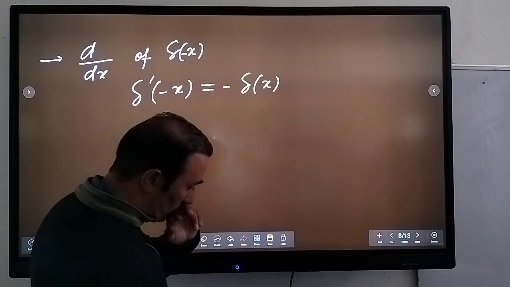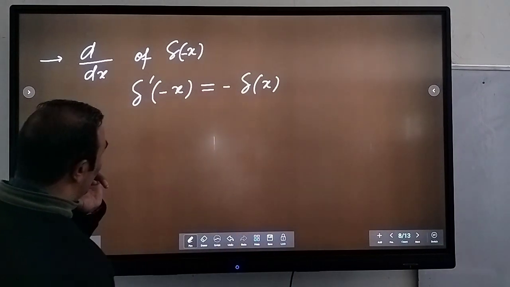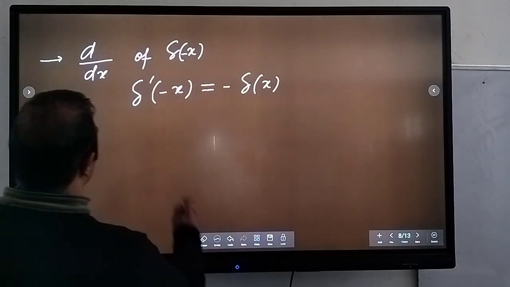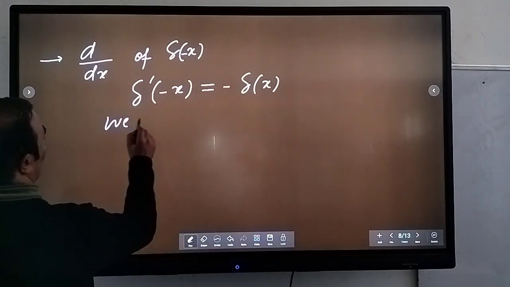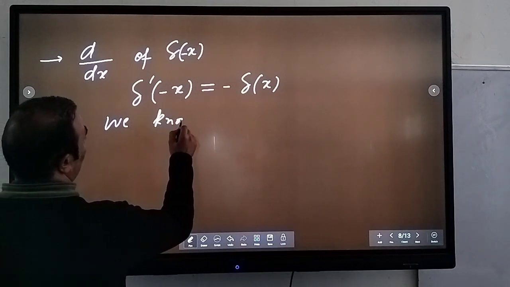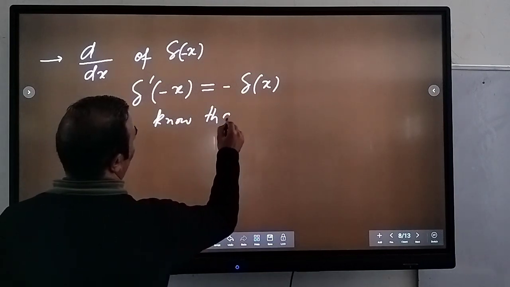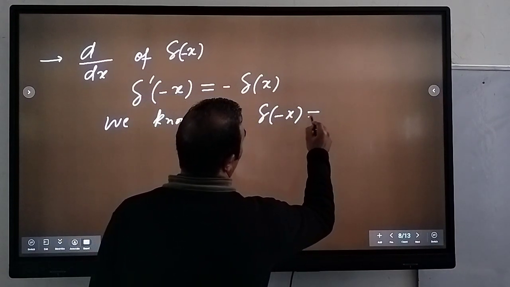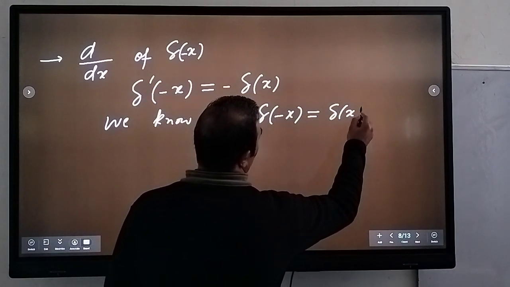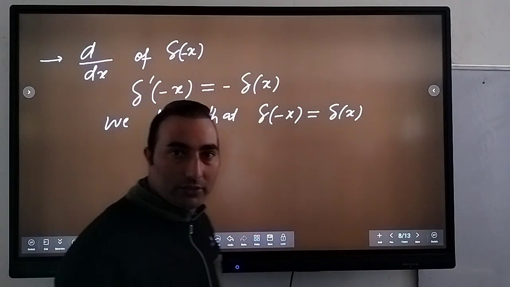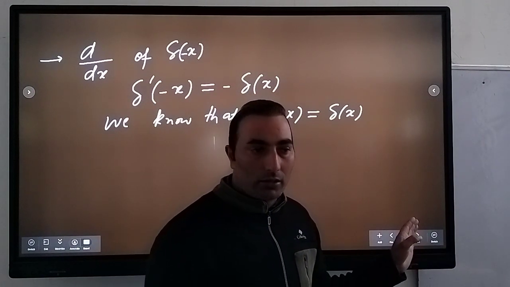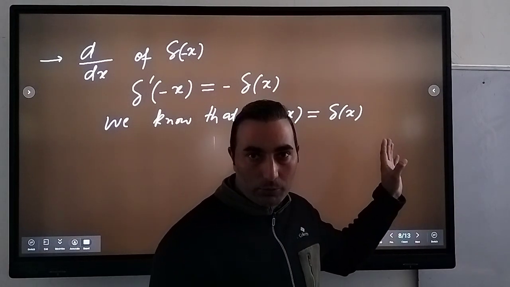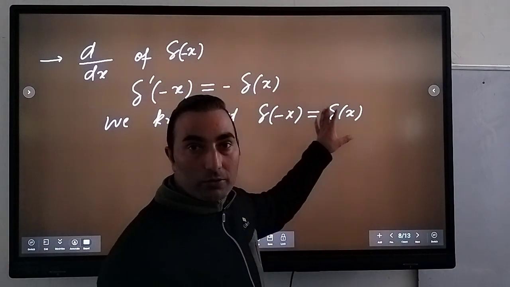So how can we prove this? Let us rewrite this term. We know that delta of minus x equal to delta of x, because this delta function is an even function. So let us differentiate it on both sides.